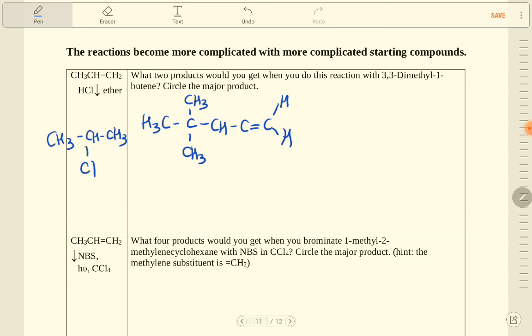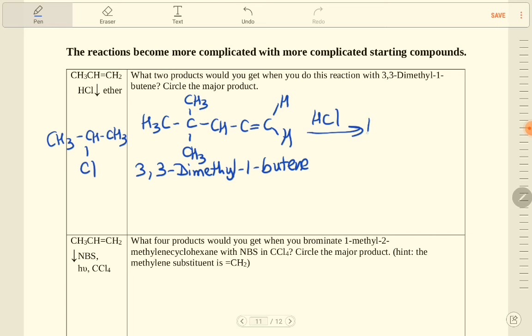So what two products would you get when you do this reaction with 3,3-dimethyl 1-butene? So this is 3,3-dimethyl 1-butene, and it reacts with HCl.